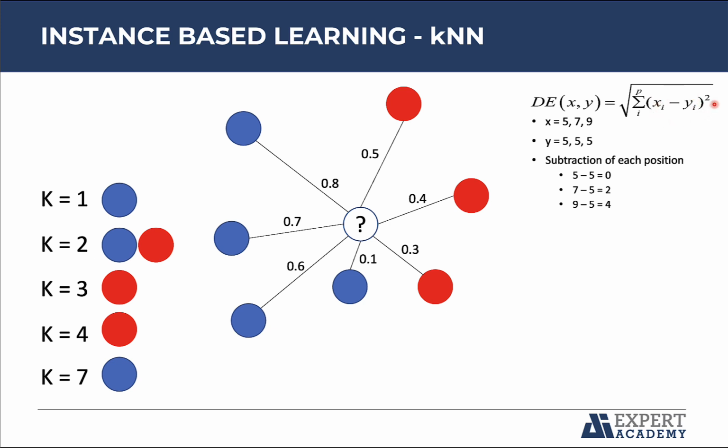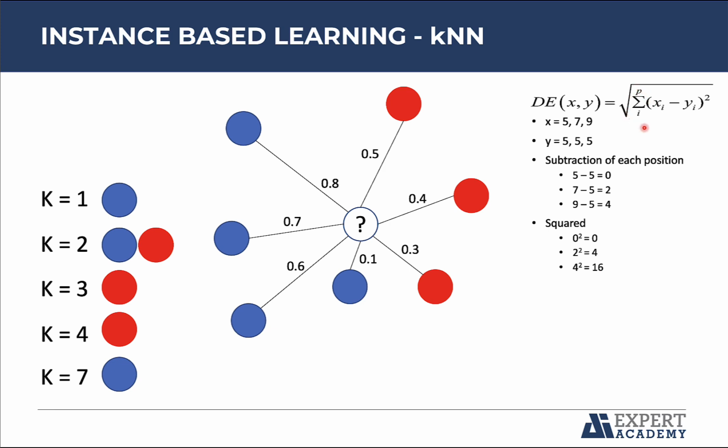Now we need to square the results, as we can see here. 0 squared is equal to 0, 2 squared is equal to 4, 4 squared is equal to 16. Basically, 2 times 2 equals 4, 4 times 4 equals 16.